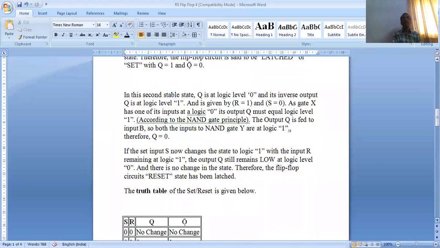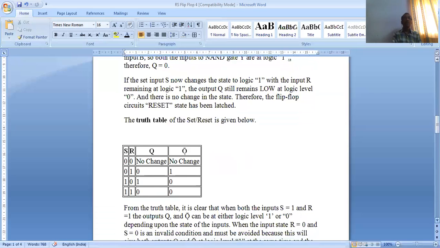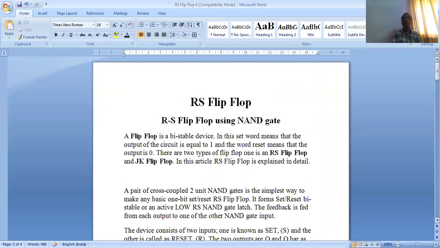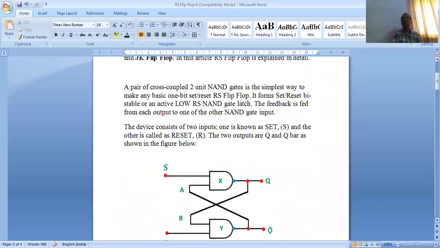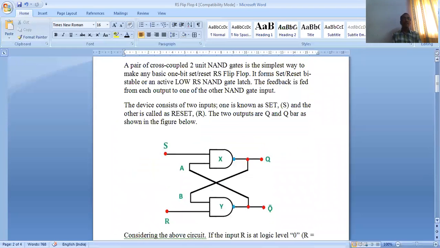See here, simple. If S equal to 0, R equal to 0, what happens? 0 multiplied by anything, whatever it may be, the output of the AND gate is 0 and the output of the NAND gate is 1.